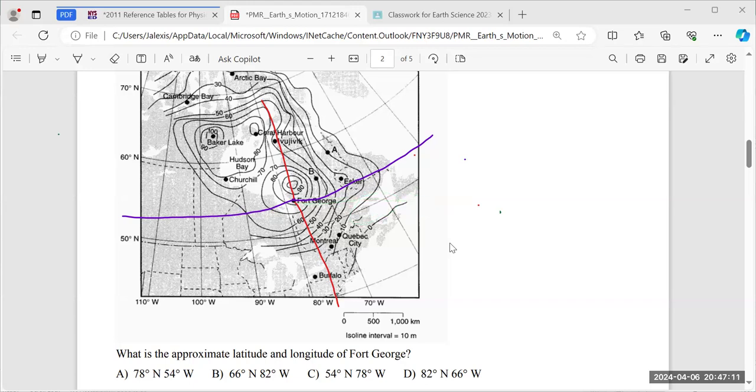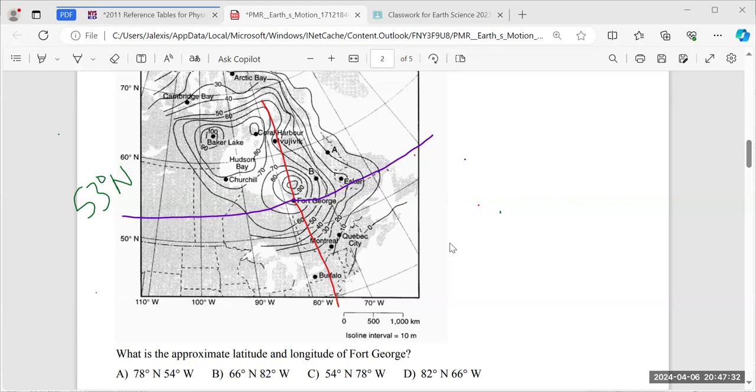So when your map is showing that the latitude lines are curved, you want to follow that as well, okay? So just by looking here, it gives me an estimate. I want to say maybe 53 degrees north for Fort George.